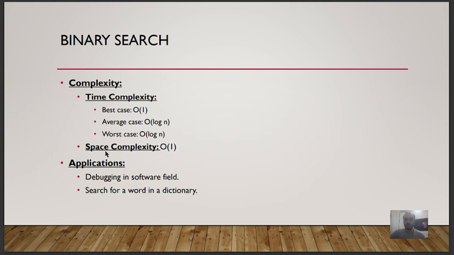But the time complexity is more efficient than linear search, since in the worst case it will be log n, which, if we replace n by the length of the list, we will find that it is less than n itself.